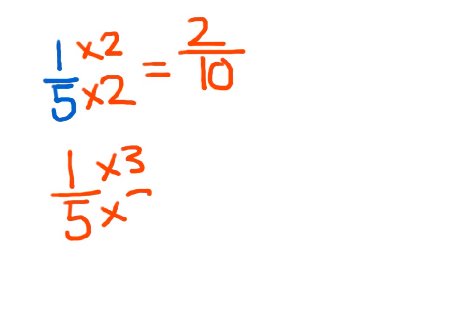So that would give us, on the top, 1 times 3 is 3, and on the bottom, 5 times 3 is 15. So 1/5 is equivalent to 2/10, and 1/5 is also equivalent to 3/15. What about these two here? If they're both equivalent to 1/5, are they both equivalent to each other? Well, they are.